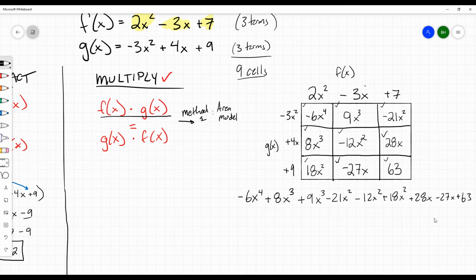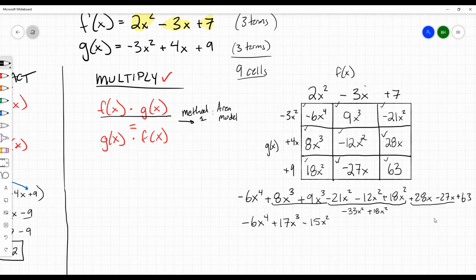Then you could simplify. I'll get negative 6x to the 4th power. I can combine these two, plus 17x cubed. I'll combine all of that together. So I get negative 21x squared minus 12x squared. This gives me a negative 33x squared plus 18x squared, which means I'll still be in the negative realm, but I'll get negative 15x squared.